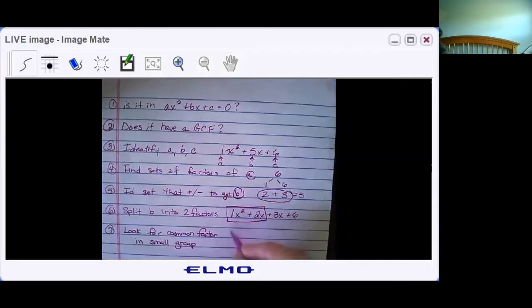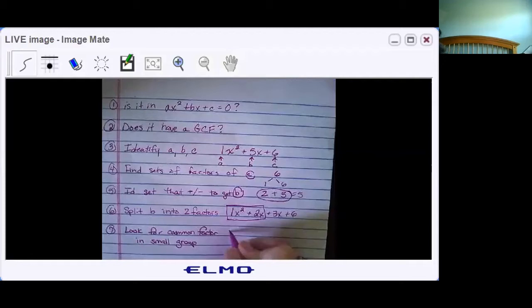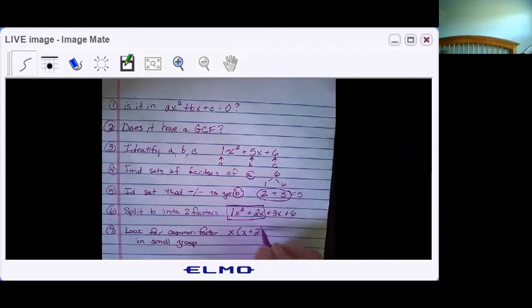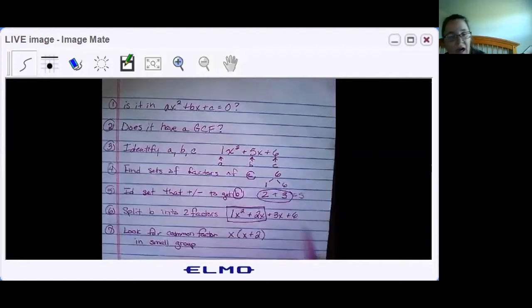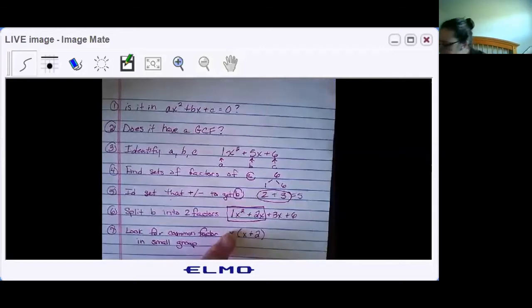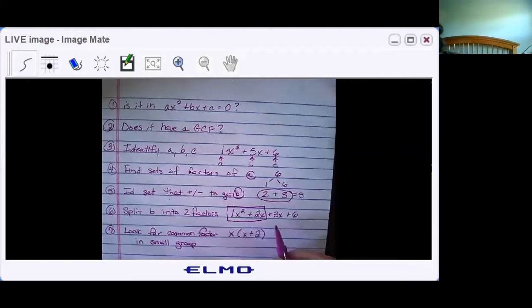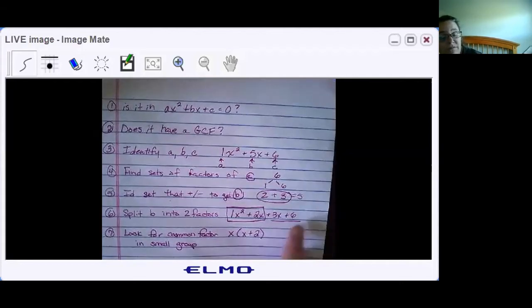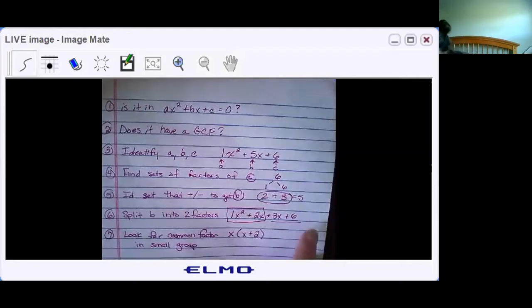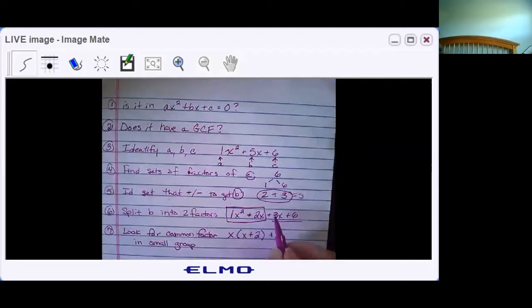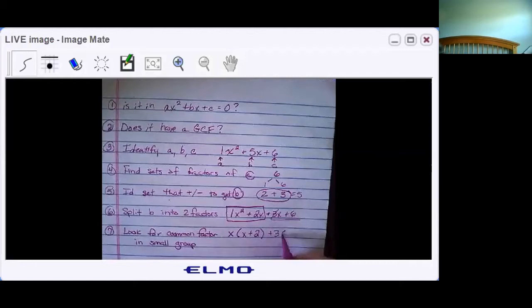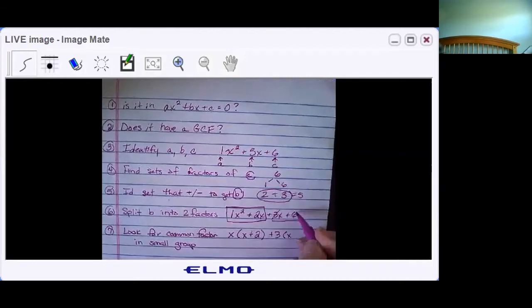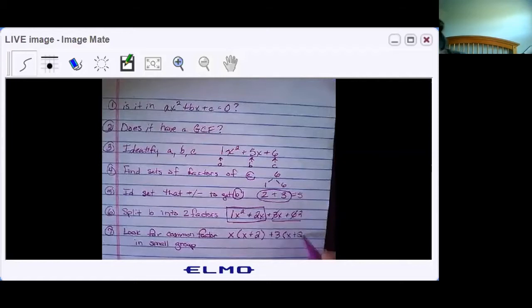Well, I know I can take an x out of each of these, and that'll leave an x behind and a 2 behind. So now I've basically undone some multiplication. Now let me look at the other two. What do 3x and 6 have in common? Well, they can both be divided by 3. So if I take a 3 out of this, it leaves the x behind. If I take a 3 out of this, it leaves a 2 behind.